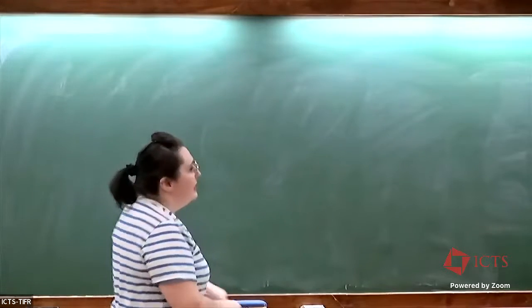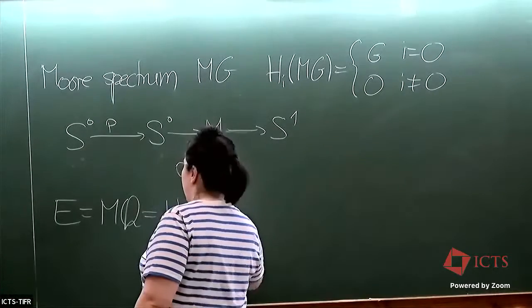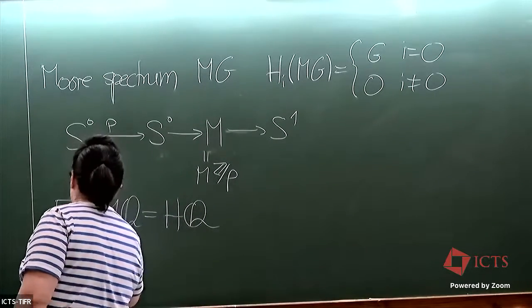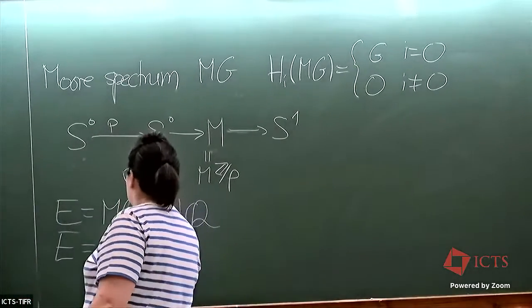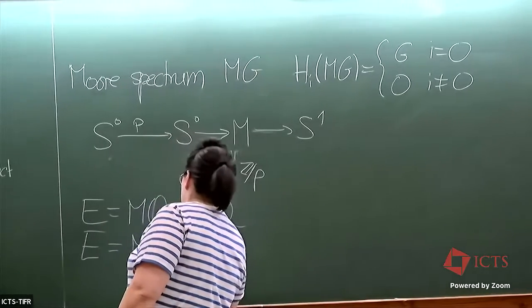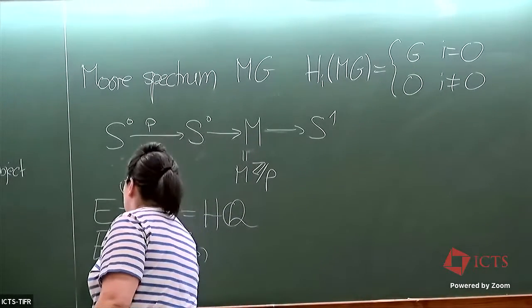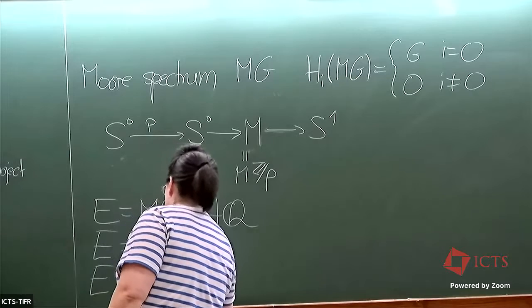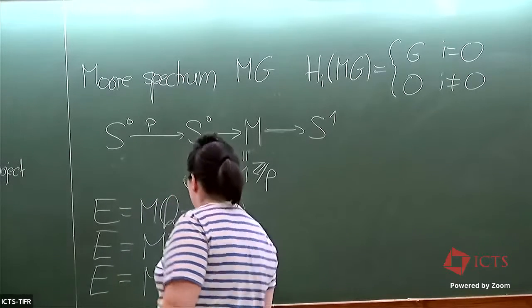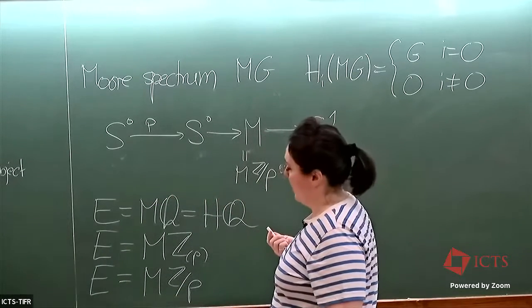So let us localize with respect to some Moore spectra. So I would like to localize with respect to MQ, which happens to be the same as HQ. I would like to localize with respect to M of the P locals. And I would also like to localize with respect to the mod P Moore spectrum.